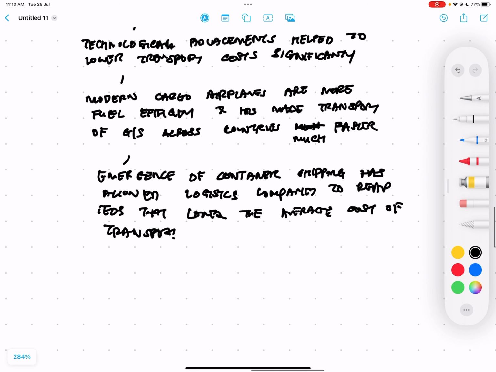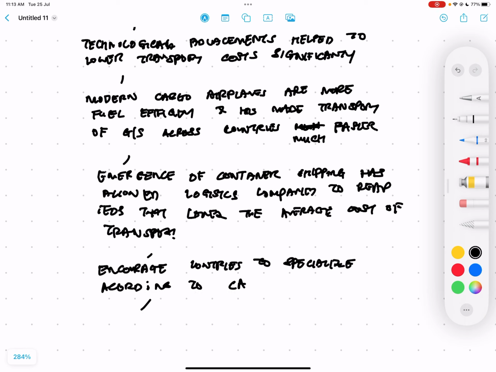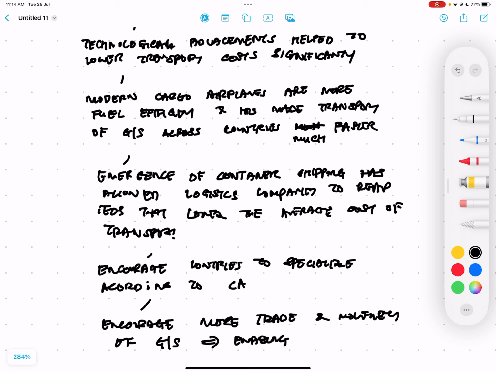This will encourage countries to specialize according to comparative advantage and encourage more trade and movement of goods and services, enabling globalization. So this is the first one.